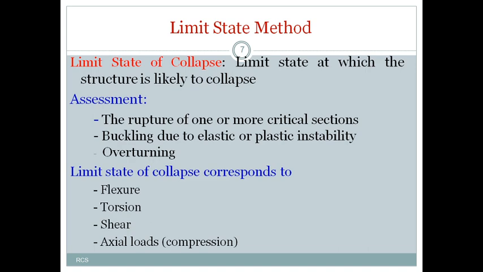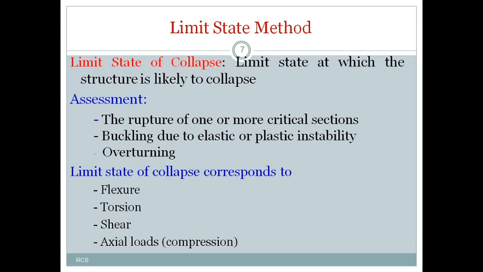So while designing the member, we have to take care of all those things, that is rupture, buckling and overturning. Right? The limit state of collapse corresponds to these 4 parameters: flexure, which means bending, torsion, shear and compression. Right? Here, if I take a beam, I want to design a beam by using the limit state method. Here the beam is a flexural member.